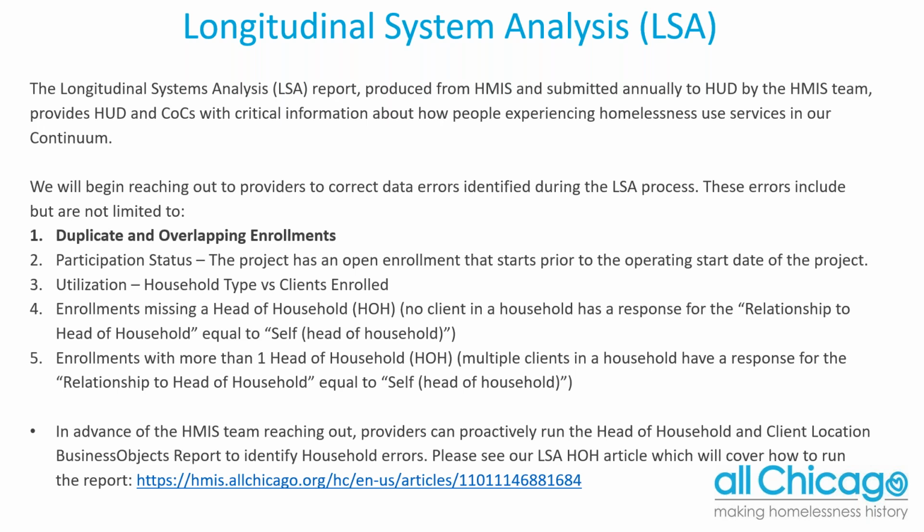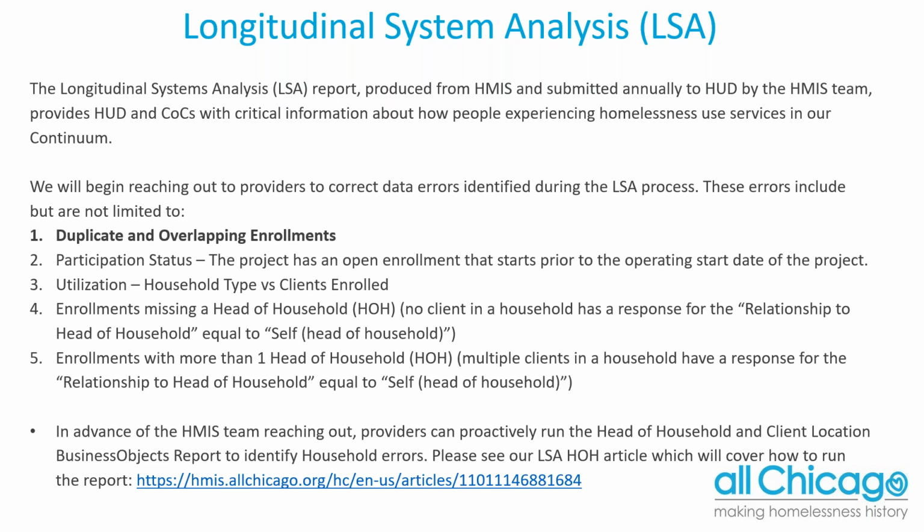So that's why we're going to be reaching out to providers to help correct the information entered under their projects and correct inconsistencies. One of the big things, and we'll get into this list in a second, but as is highlighted here, the duplicate and overlapping enrollments.